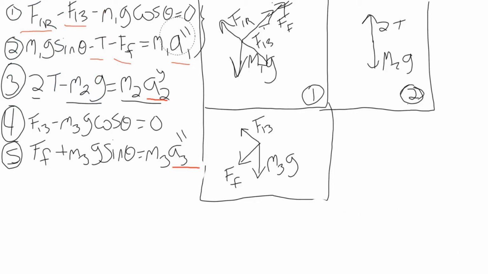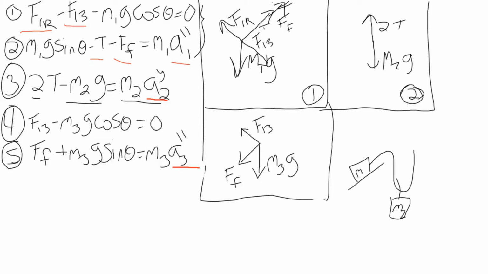Of course, the last constraint has to be the one that tells me just how mass 1, the mass on the incline, accelerates given mass 2.